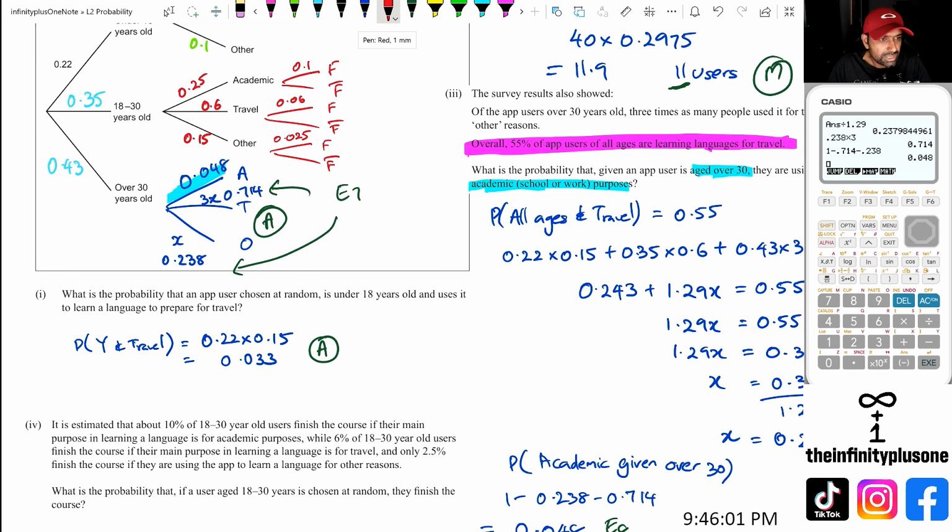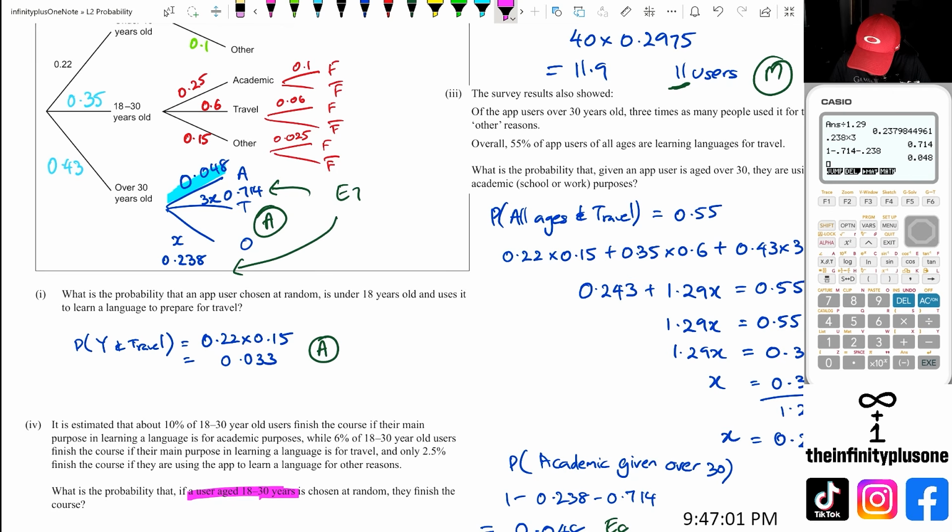Now, what is the question actually asking us? What's the probability that if a user aged 18 to 30 is chosen at random, they finish the course? Okay, so the way I see it, I'm going to get rid of these colors here for now, because I'm kind of overloading it. If a user aged 18 to 30 is chosen at random, they finish the course.